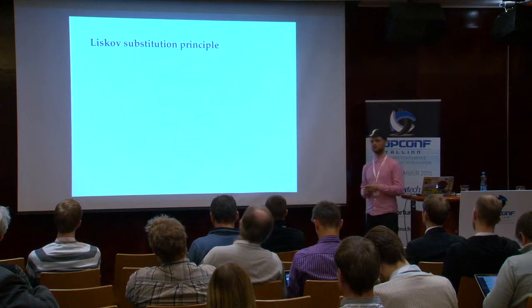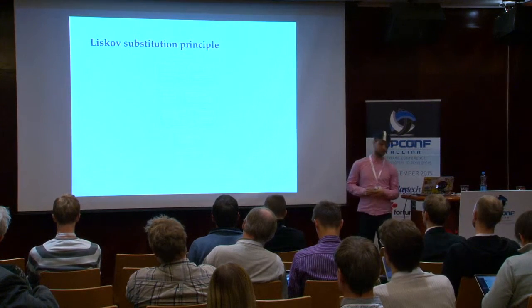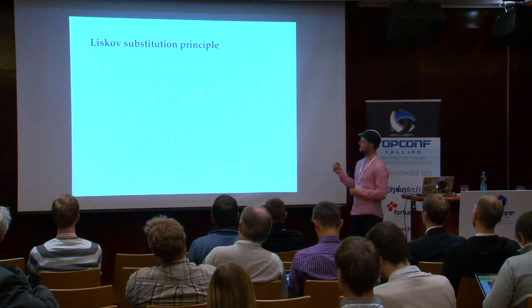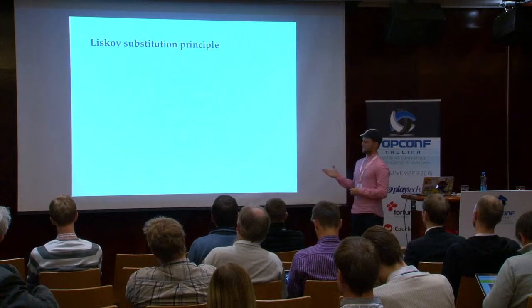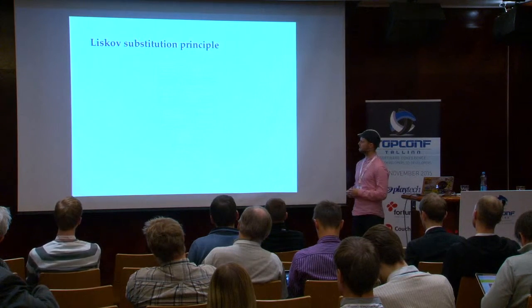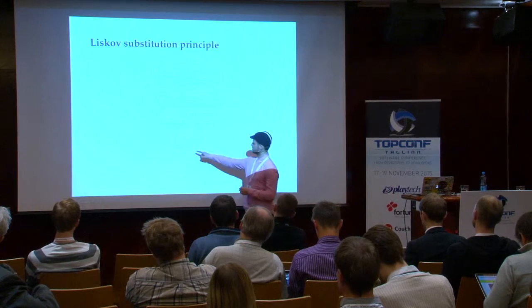Liskov's substitution principle is a hard one as well. Unluckily, this picture doesn't show it as well. It's a kind of class hierarchy in the lens library for Haskell, and there are different things.